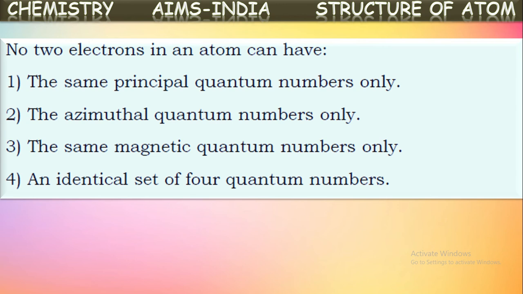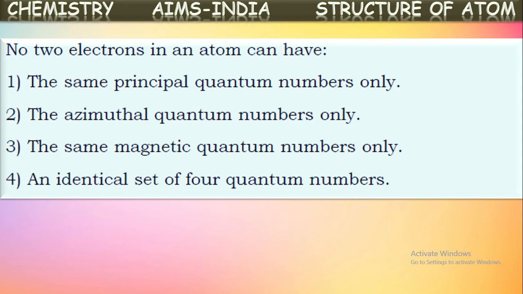No two electrons in an atom can have what? Okay, according to Pauli's exclusion principle, no two electrons in an atom can have an identical set of four quantum numbers.